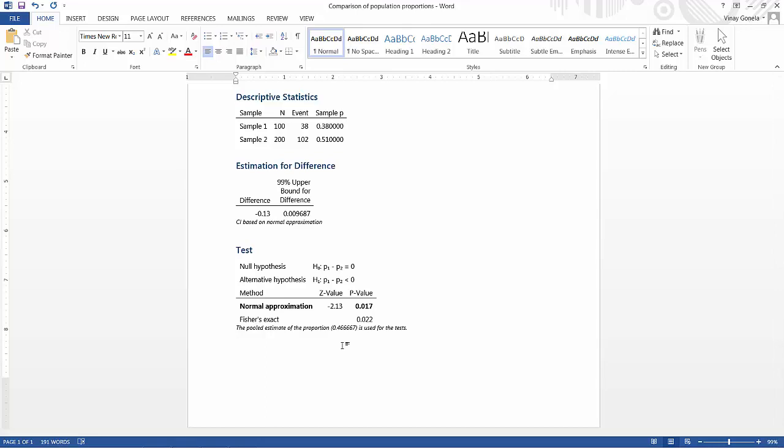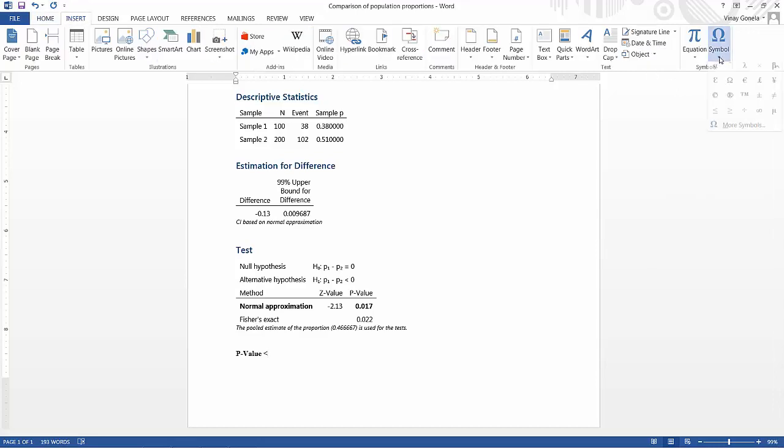You might know that if the p-value is less than alpha, then we reject our null hypothesis.